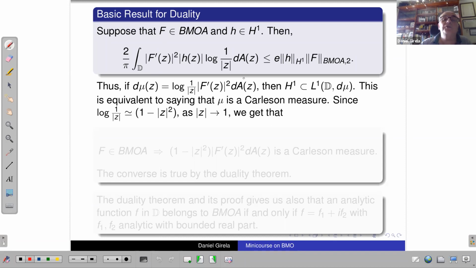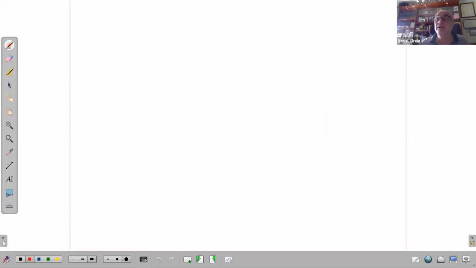Using Carleson's theorem, we know that this inclusion holds if and only if the measure is a Carleson measure. I guess I haven't defined what a Carleson measure is, but you all know it. Nicolas Salinas spoke yesterday about it.